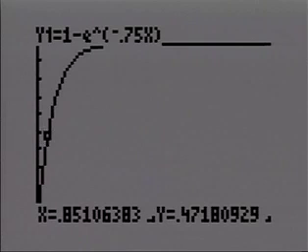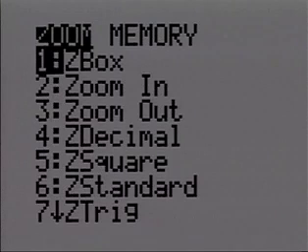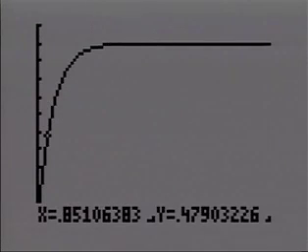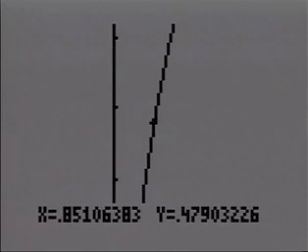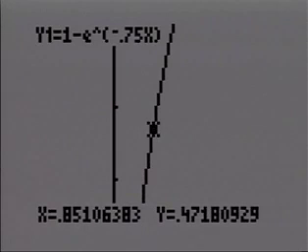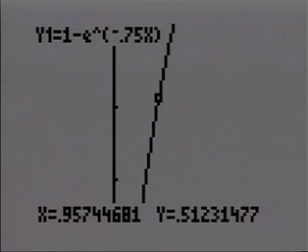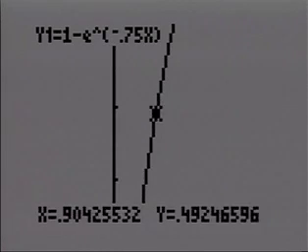I'm going to leave my trace key there and zoom in on that point and see if I can refine this estimate just a little bit. So I'll choose zoom 2. Recall that when you zoom in, nothing happens until you push the enter button. And I'll get that little portion of the screen zoomed in on. Push the trace button to have your cursor go back to the curve. And I'm going to move my trace cursor just a little bit. And I get pretty close to 0.5 there.